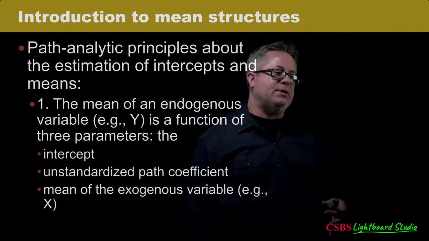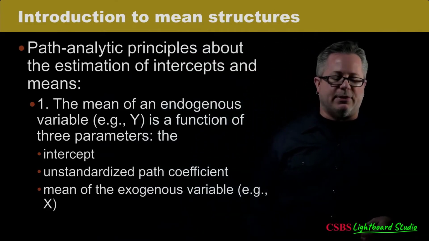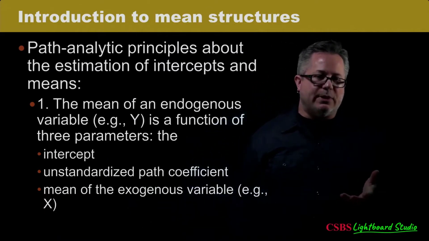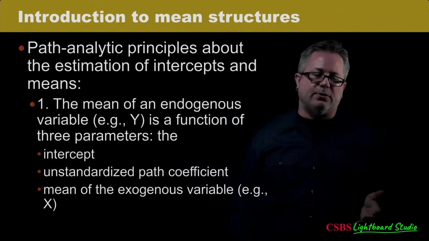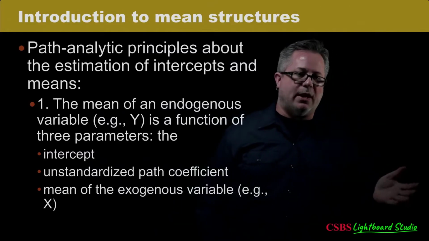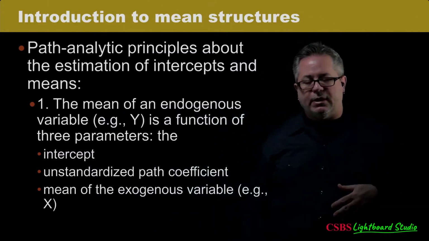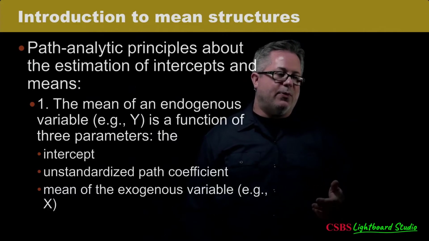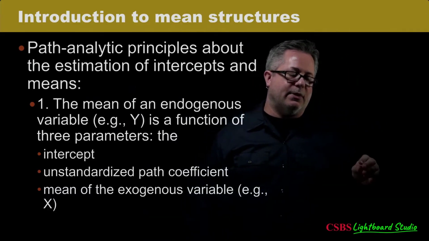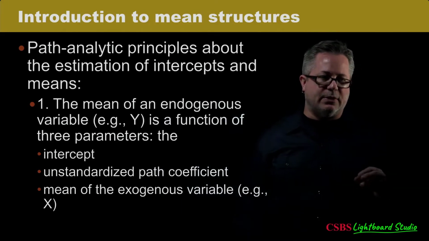The mean of an endogenous variable is a function of 3 parameters. Wait, let's back up. When we do a mean structure model, and we take our constant and regress y on the constant, it gives us an intercept. But what if, from that intercept, I want to estimate the mean of the endogenous variable, the DV?